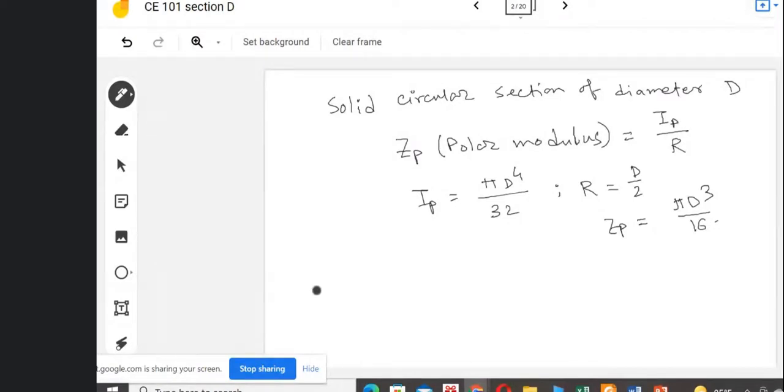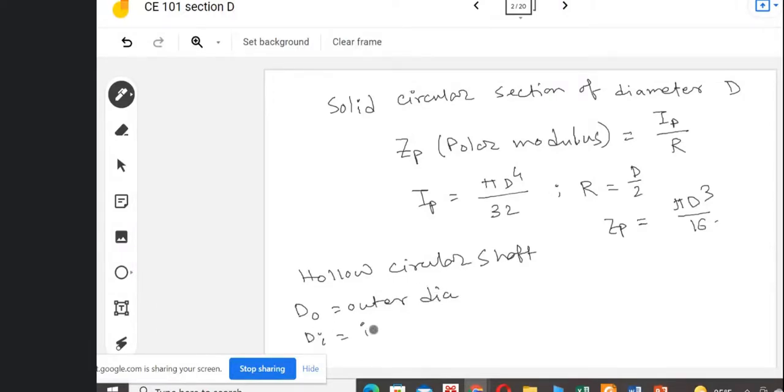Okay, now if we have a hollow circular shaft, where D naught is the outer diameter and Di is the inner diameter, now we want to find out what is the value of Zp for this hollow circular shaft.